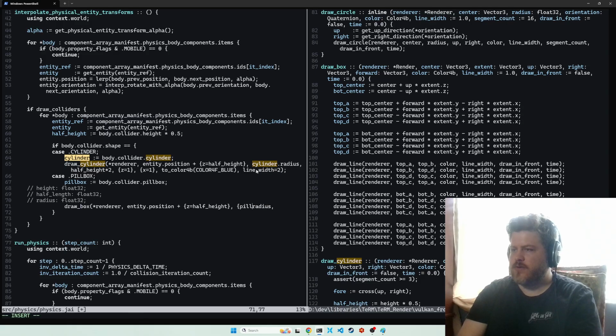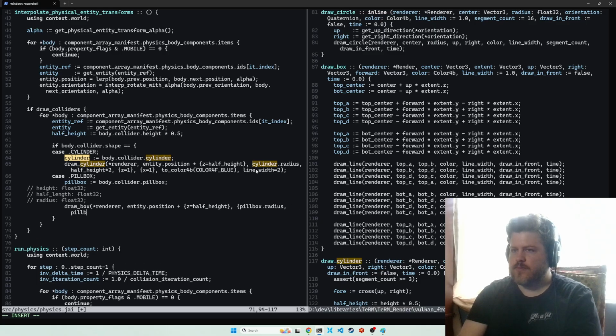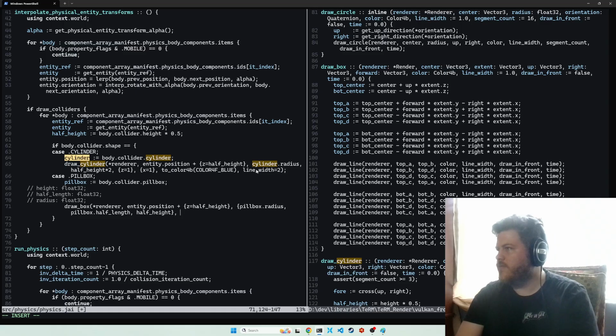Okay, so pillbox.radius and pillbox half length. I think, yeah, right there. And then the extent is just going to be the half height. Or the height extent is going to be the half height. Okay, and then up is always z equals 1.